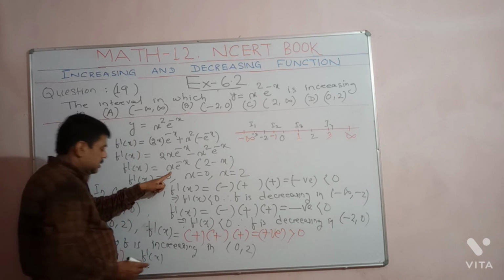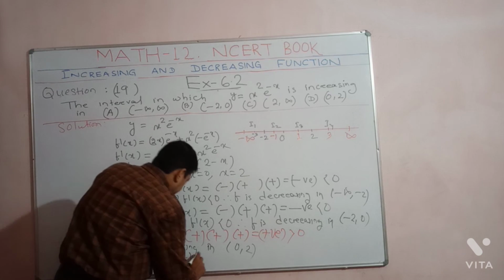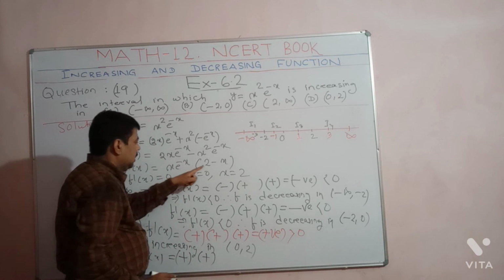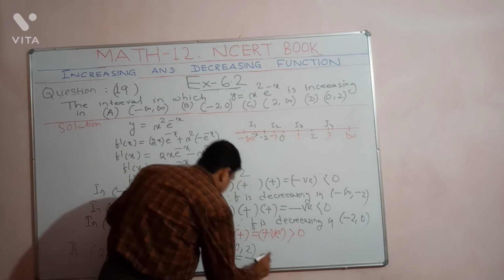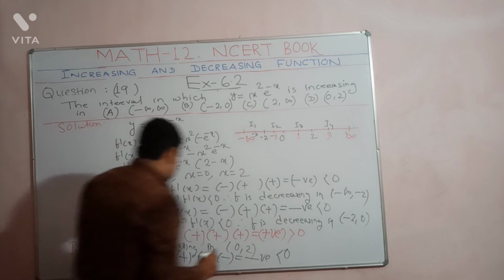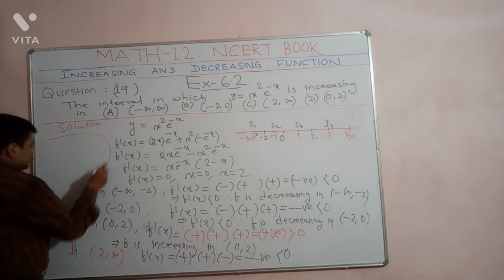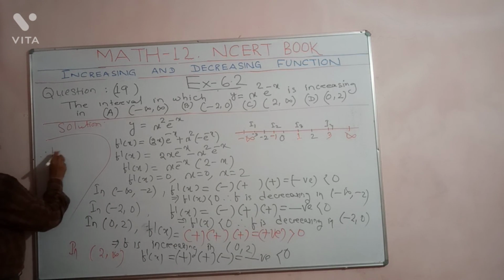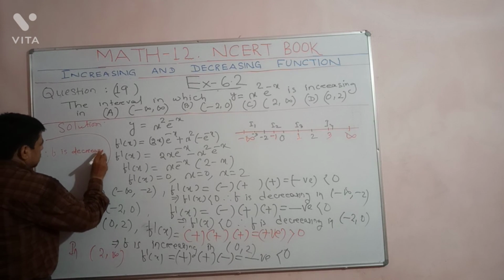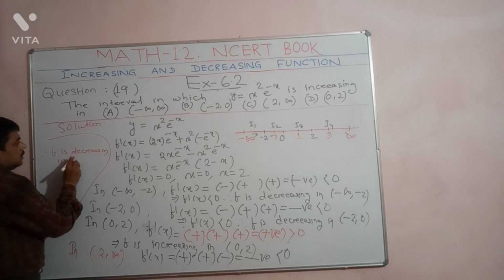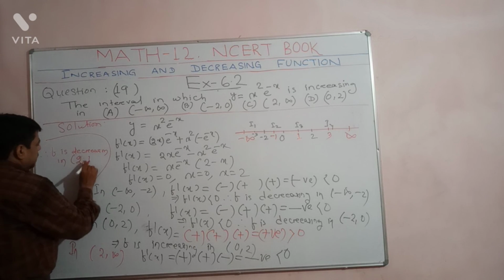Here x is 3, so this value will be positive, e to the power minus x will be positive, and 2 minus x will be negative. It means the overall sign will be negative, which is less than 0. Hence f is decreasing in the interval 2 to infinity.